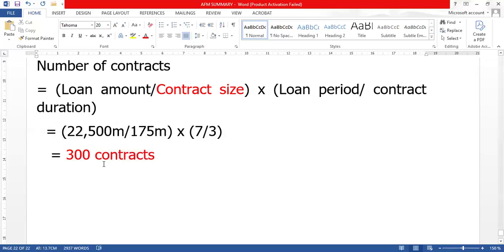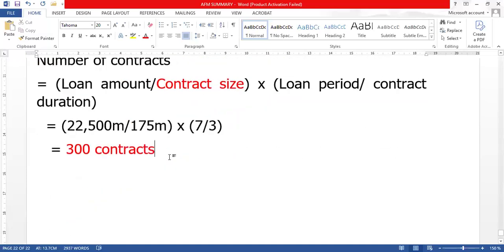It means that the whole amount is covered. You can easily hedge all your amount using futures contracts. But if you get something like 300 point something, it means you cannot hedge everything using futures contracts. The balance, the overhedge or underhedge, may be covered using other means like a forward contract. But for now, let's move on.